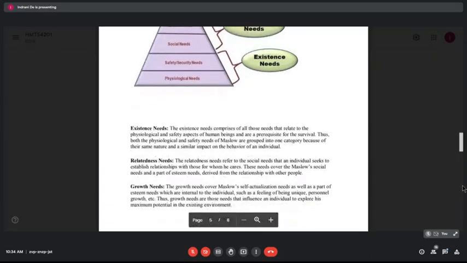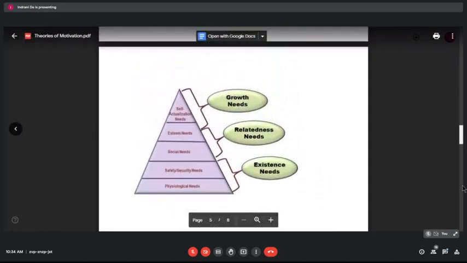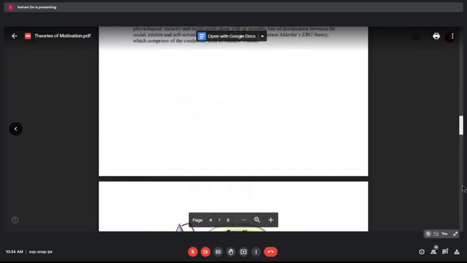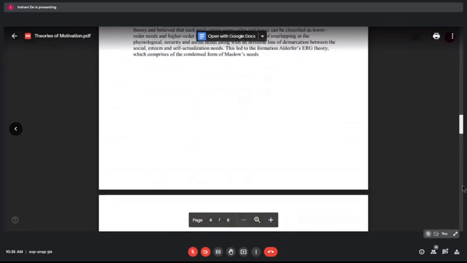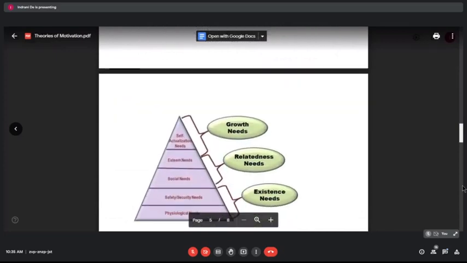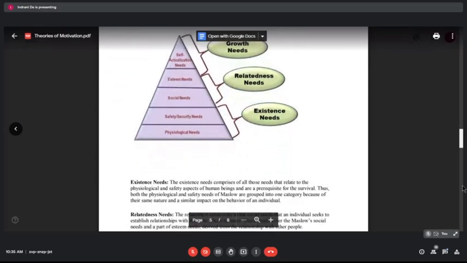Then we can talk about the relatedness need. ERG theory is sometimes named Alderfer's theory; two names are there.